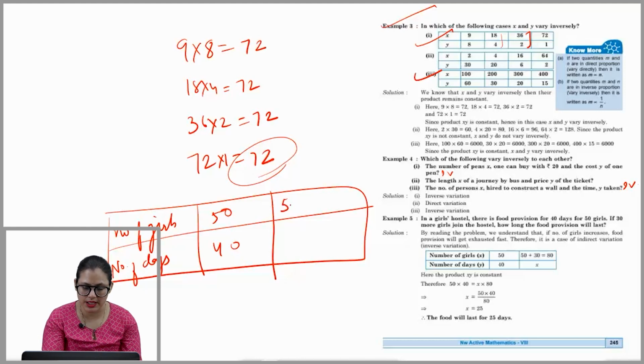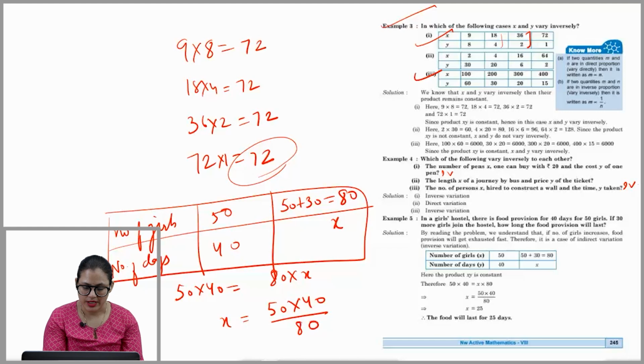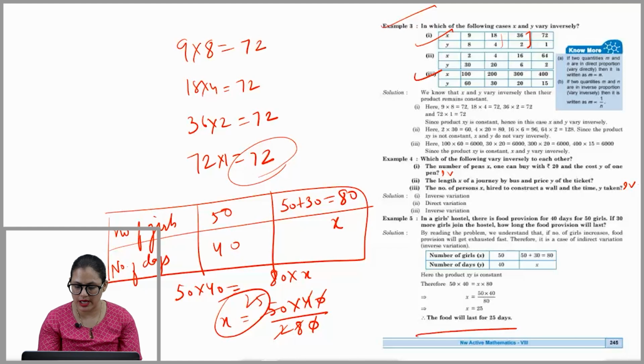So it's 50 plus 30, that is 80. Now we have to find this. So 50 into 40 is equal to 80 into x, and x is equal to 50 into 40 by 80. 0, 0 goes, 4 2s are 8 and 25. That means the food will last for 25 days only, okay?